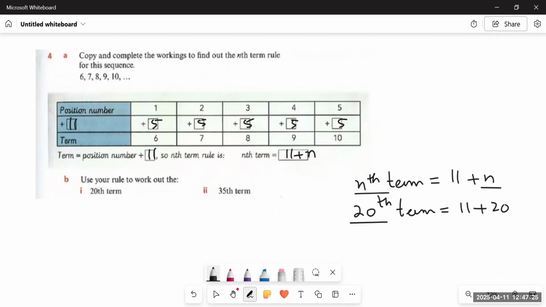So in place of n, we are writing 20. So here I'm going to write 20 as well. So the 20th term would be 31. And similarly, if we have to find out the 35th term, it would be 11 plus 35, which is 46. This is how we have to do these types of questions.